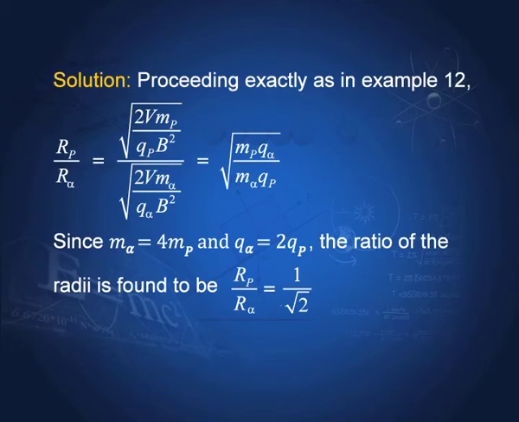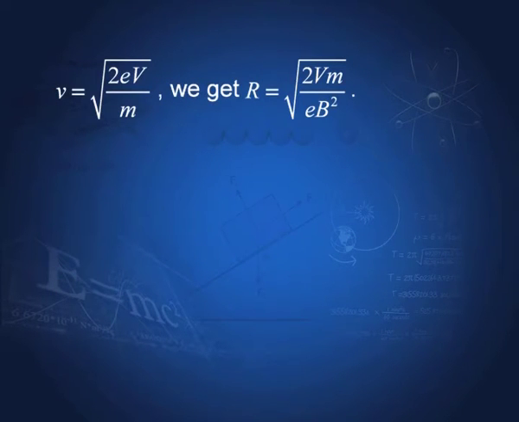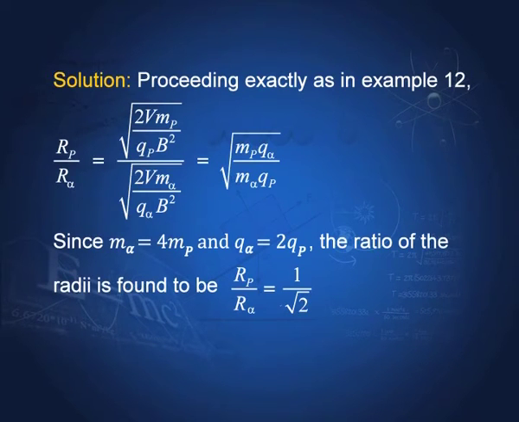Proceeding exactly as in the last example, we found v equal to square root of 2eV by m. Since their kinetic energies are equal, we can find their velocities, and we can find the ratio of the radius of gyration Rp of the proton and radius of gyration of the alpha particle.